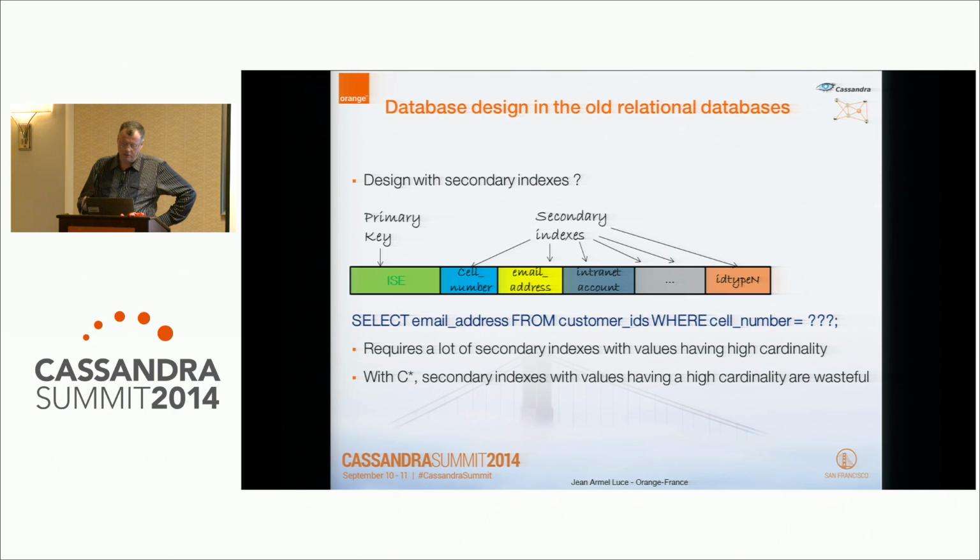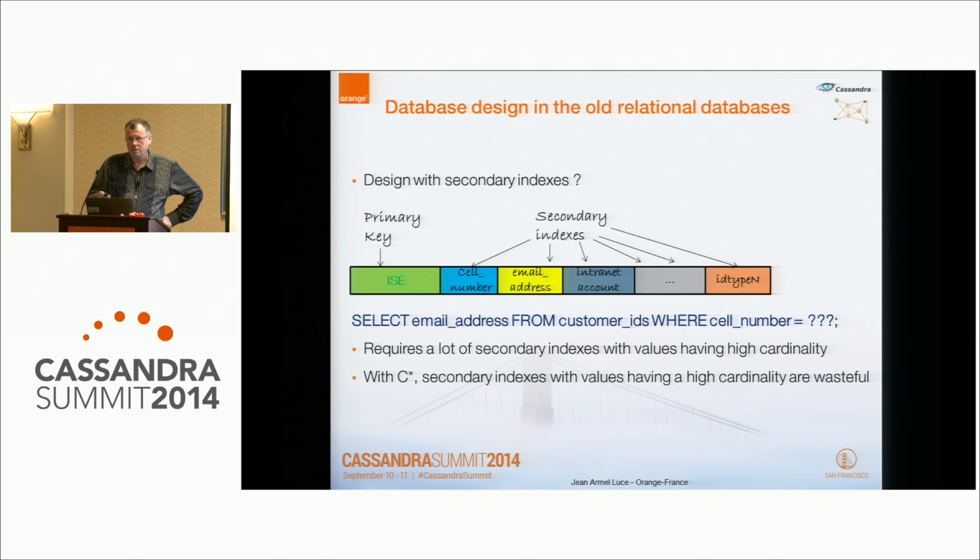One column for the cell number, one column for the email address, one column for the internet account, and so on. And there was one secondary index built on each of those columns. So it was very easy to translate, for example, a cell number into an email address with a query such as select email address from customers where cell number equals the value of the cell number.